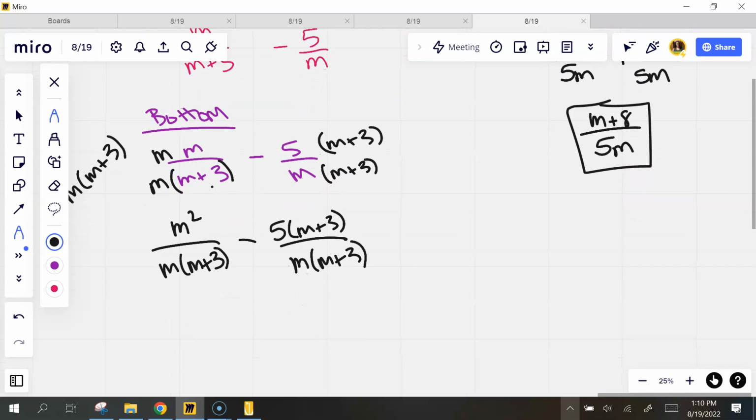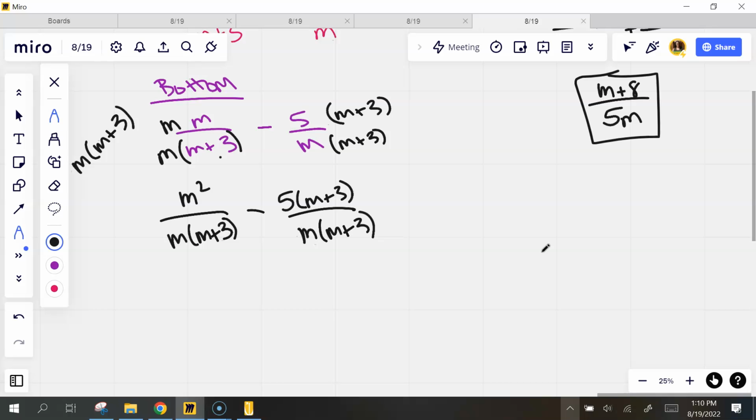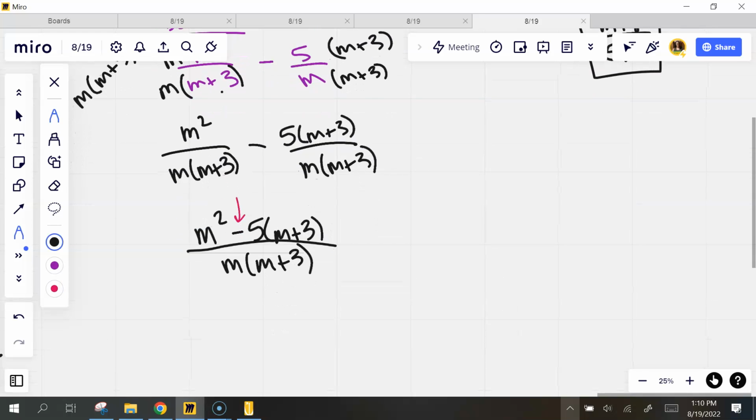All right, let's combine the tops. Can I start canceling anything out yet? No, why? So instead, I have to distribute. I have to expand before I can condense.